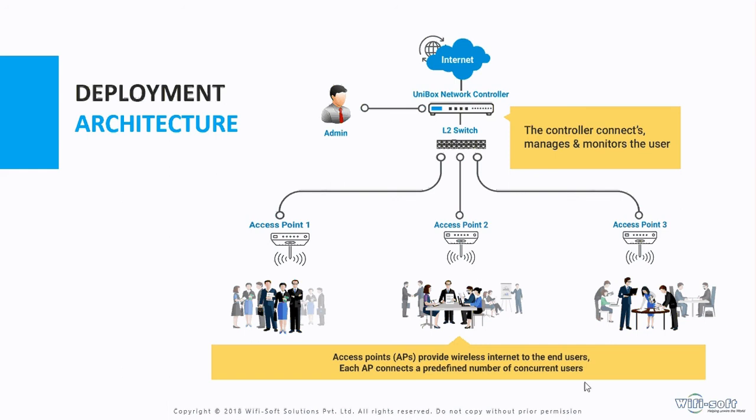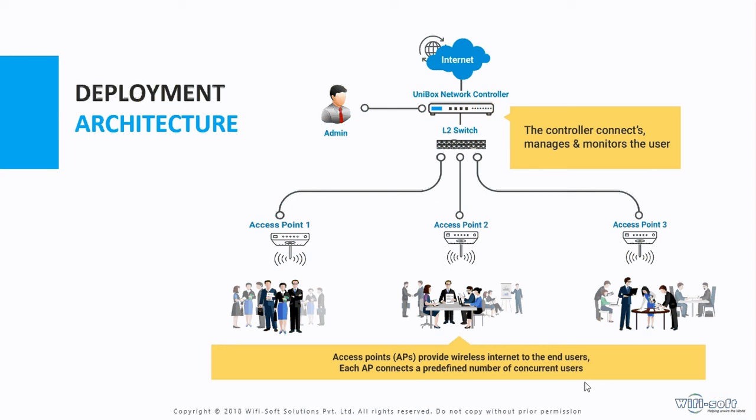Now, one of the interesting caveats of UniBox is that UniBox is vendor agnostic. That means it can support access points of any make and model. Naturally, Wi-Fi Soft has its own range of access points under the brand called UniBox, which is preferred.